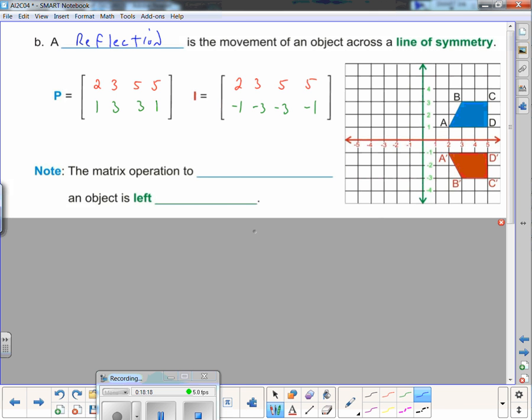All right, so the matrix operation to reflect an object is left multiplication. Remember when we were solving the matrix equation yesterday?